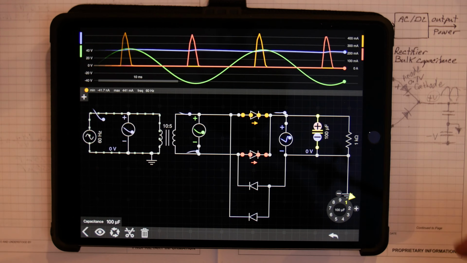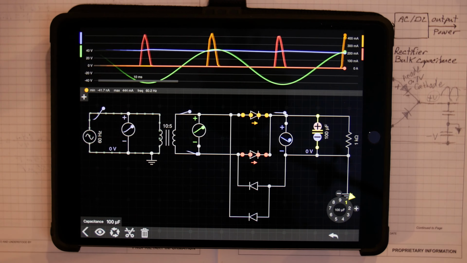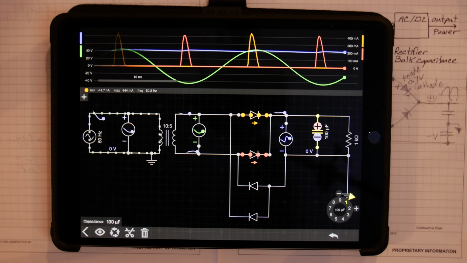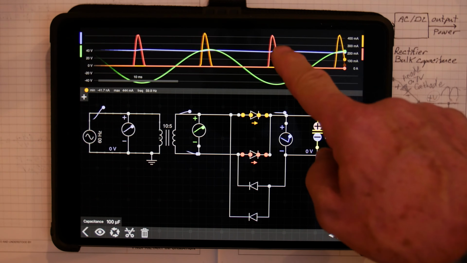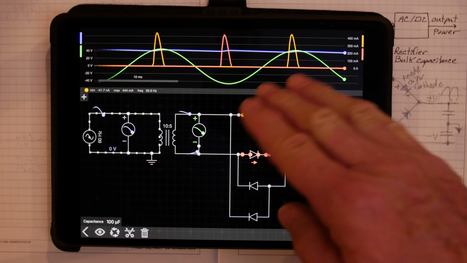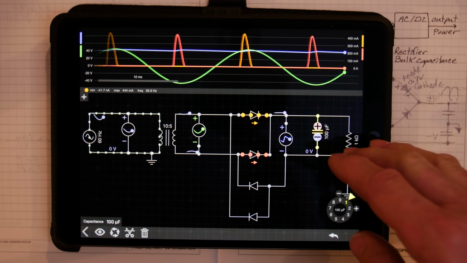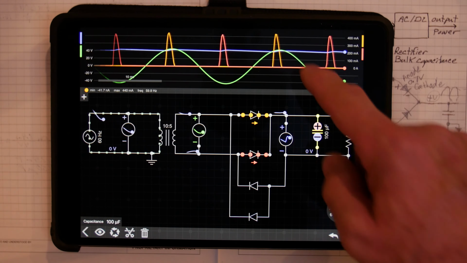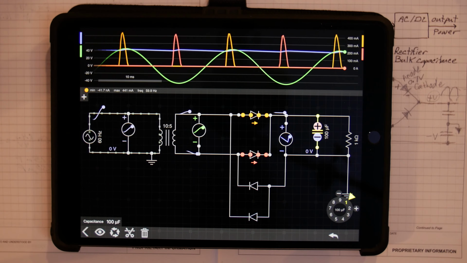They settle much quicker because we're getting double the pulses in the same amount of time. But you can still see they're not quite even yet from one pulse to the next, so it's going to take a few cycles to start to level out.